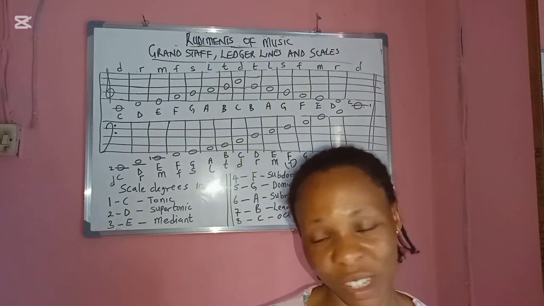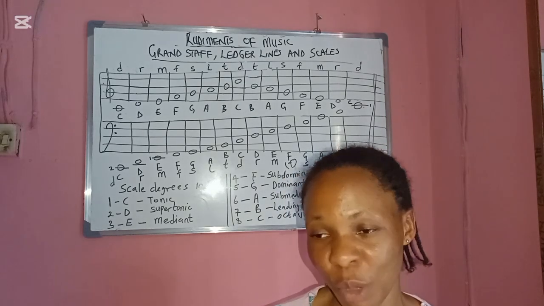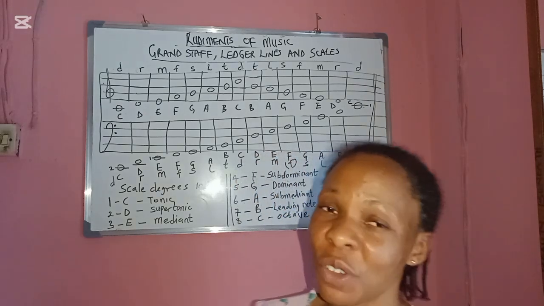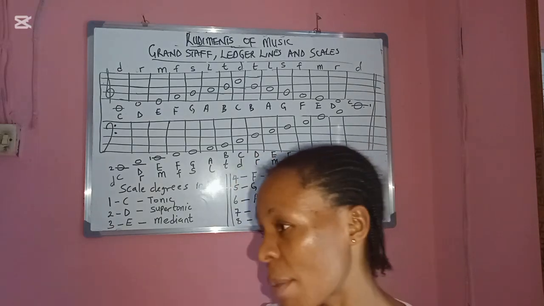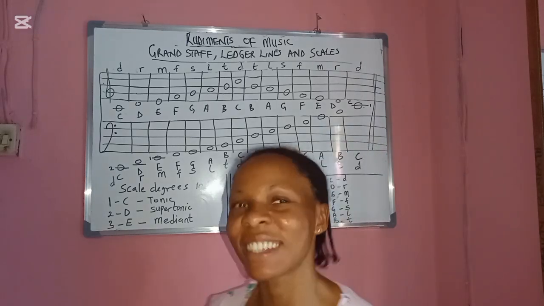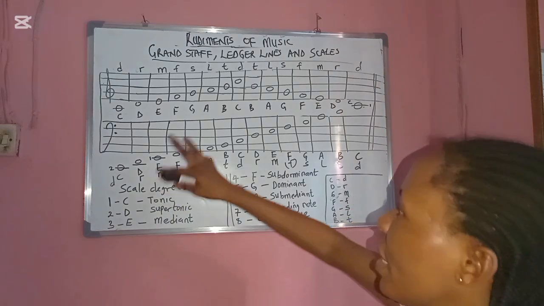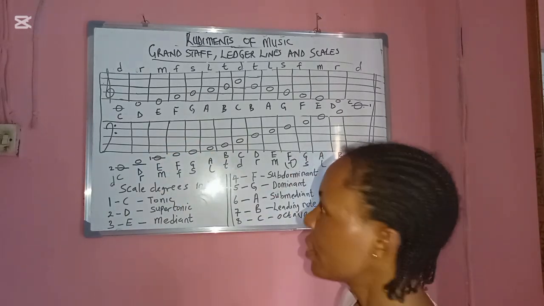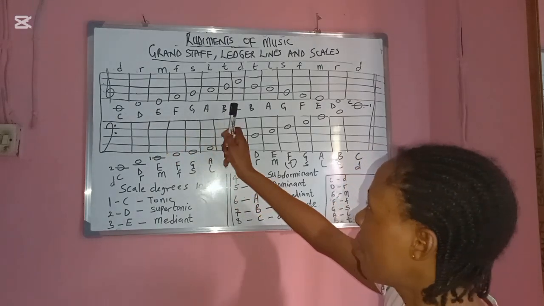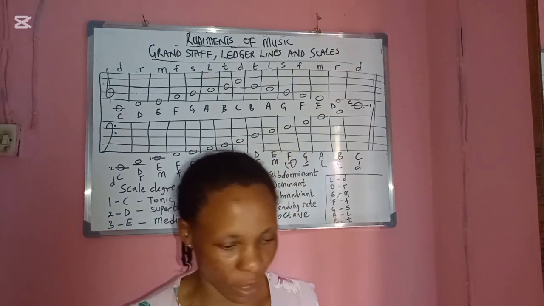But my own story was different, as when I was playing the piano, it was very difficult for me to master key C. Thank God for key G. I tried key C and it didn't work for me. But you see, my own story is different. Okay, so in key C we have C, D, E, F, G, A, and B that make up the scale of C.